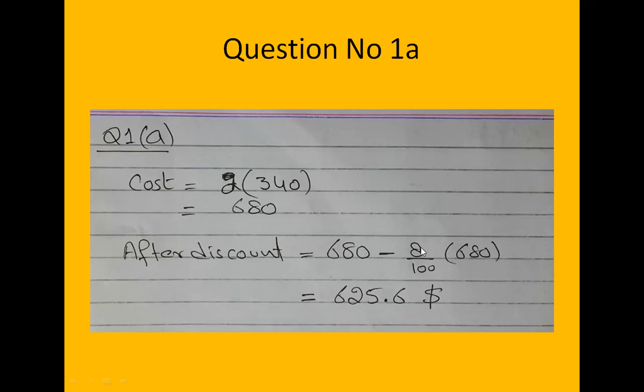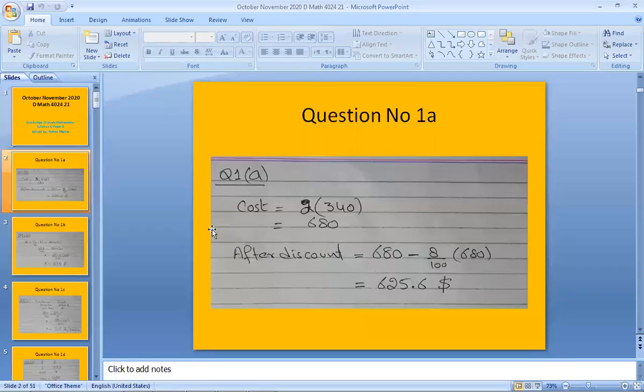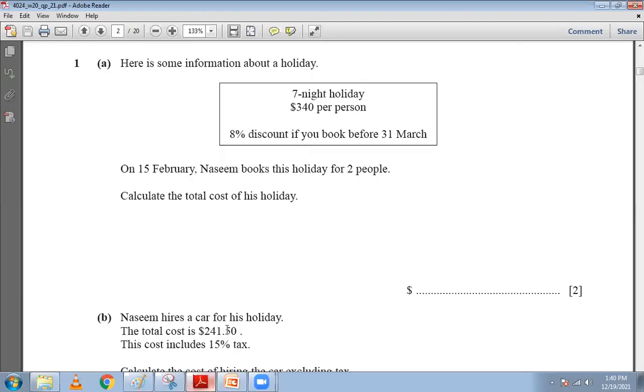So 680 minus 8 by 100 of 680. Learn this trick in your calculator. In your calculator, write 680 minus 8 divided by 100 multiplied by 680 equals, and that will be $625.6. So this is the amount you have to pay after the 8% discount.